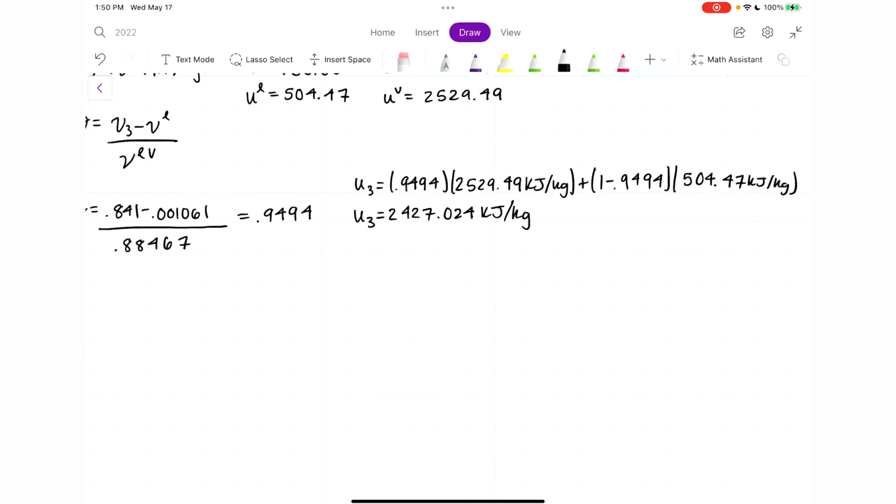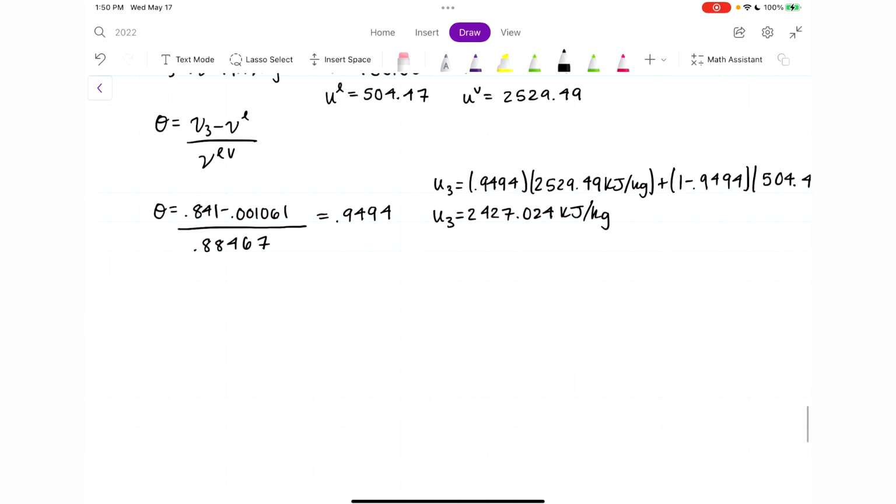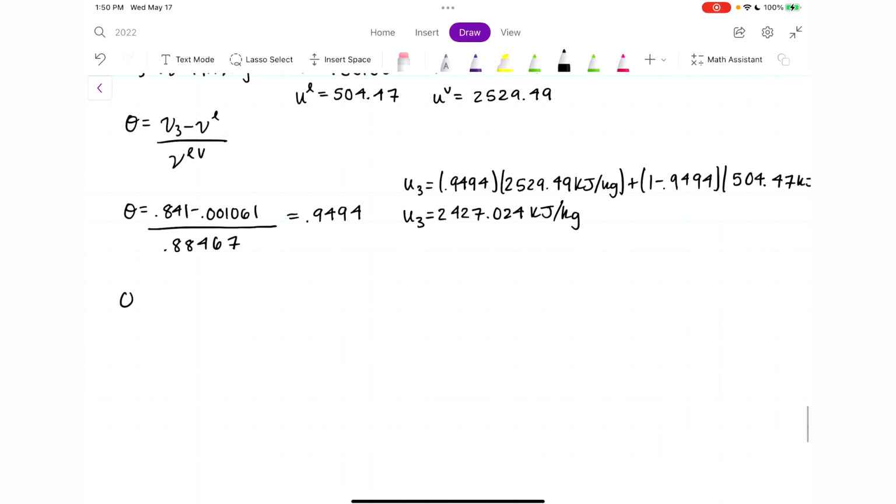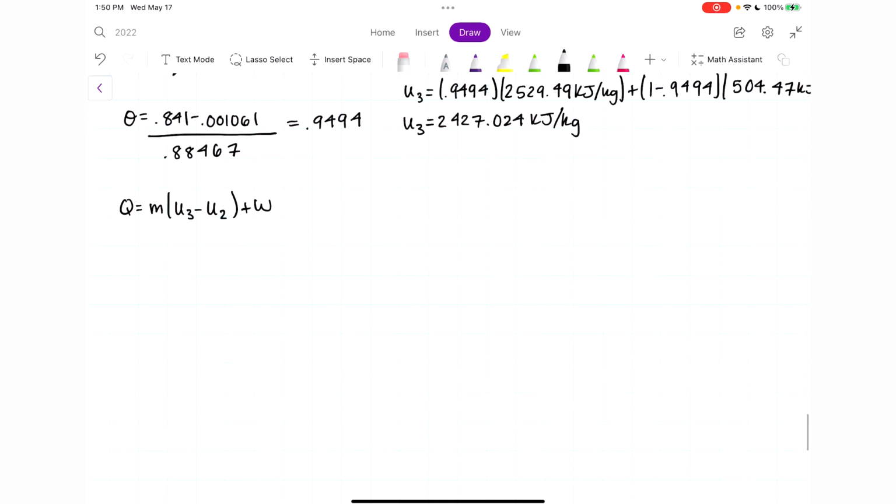And then we plug into our original formula because we're trying to find Q. So we know Q is equal to M, the mass, times the specific internal energy of state 3 minus the specific internal energy of state 2, plus the work. We know that the mass is 1 kilogram, so that's great.